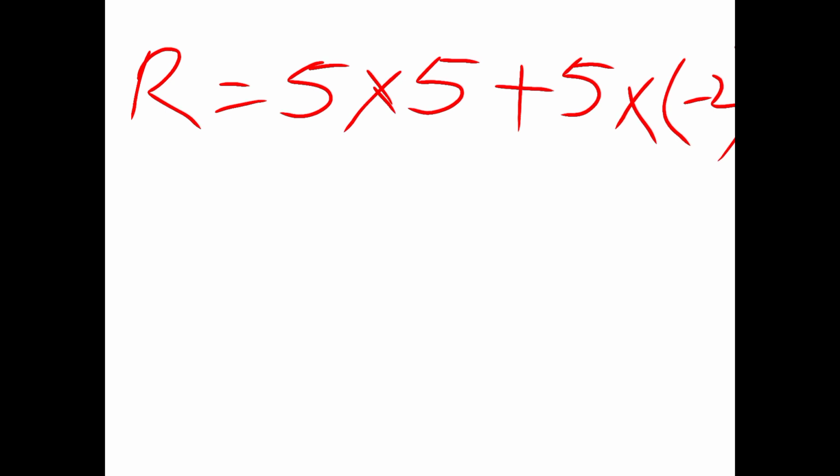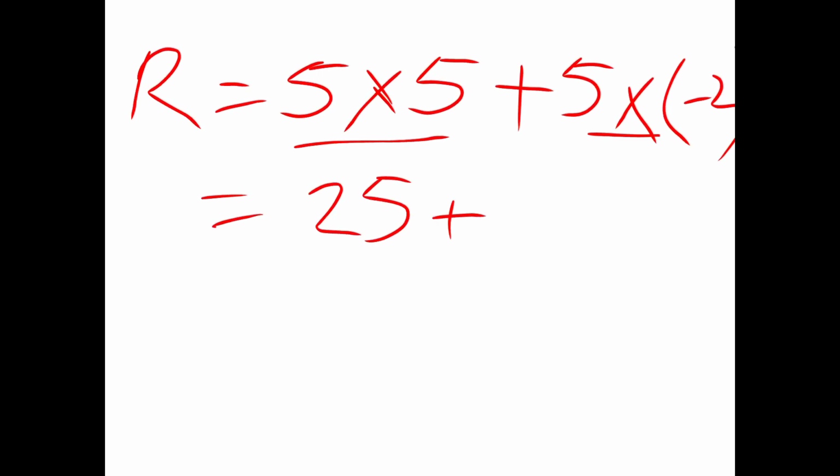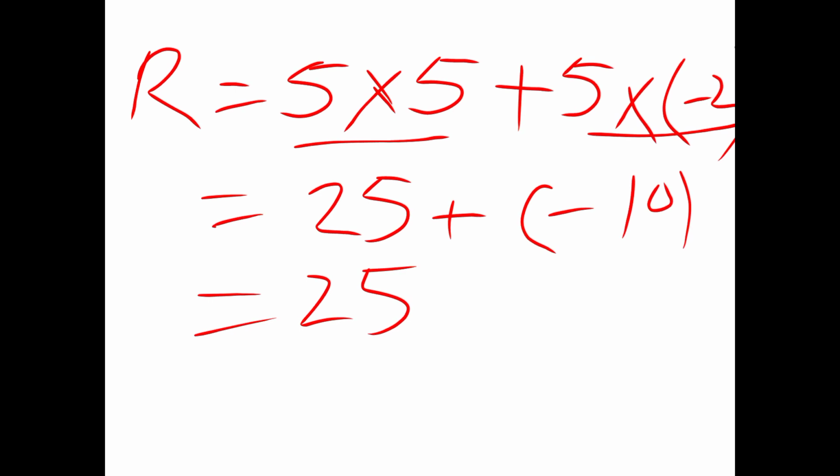Then her final score will be 5 into 5 is equal to 25, plus 5 into negative 2 is equal to negative 10. Right, 25, signs are different here, it will be negative 10 here.